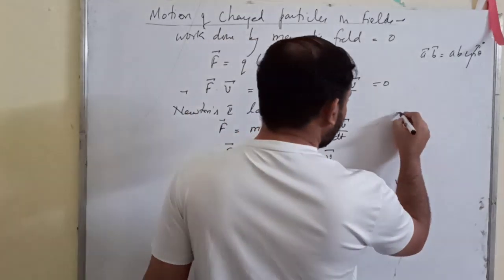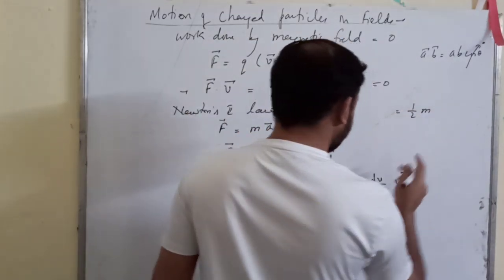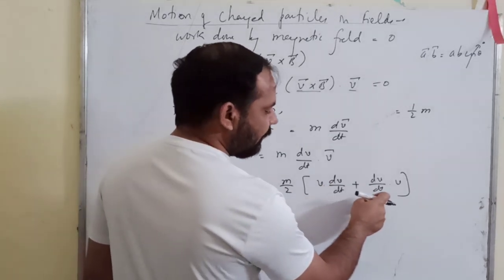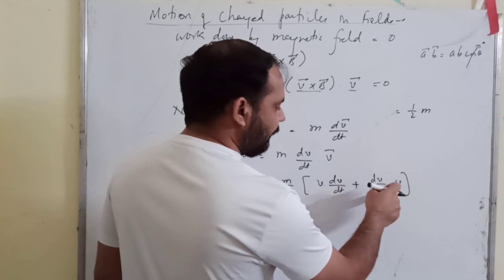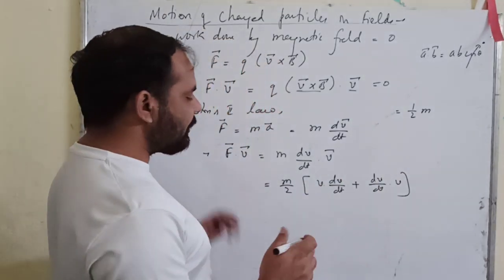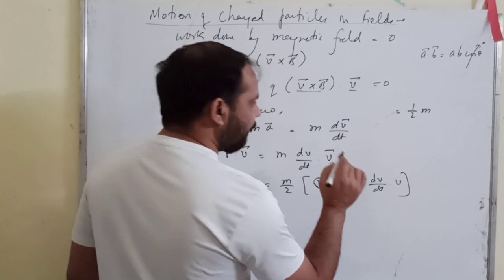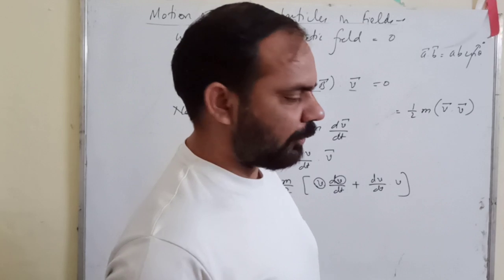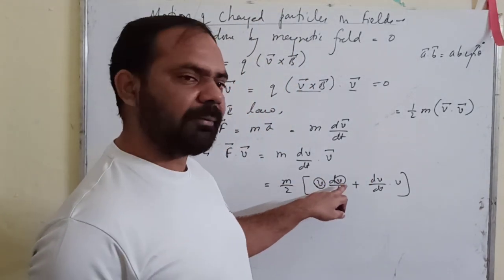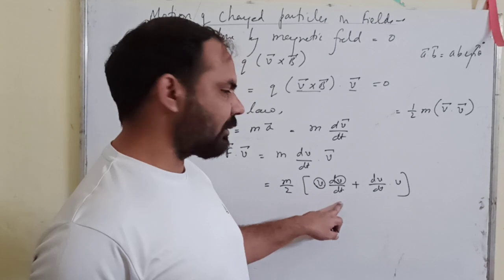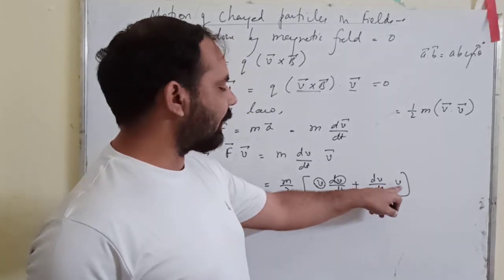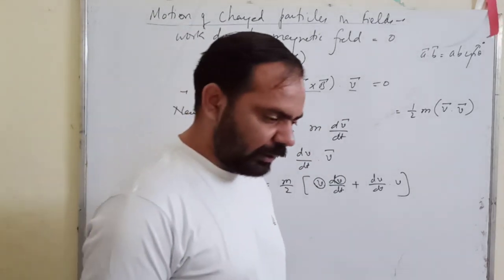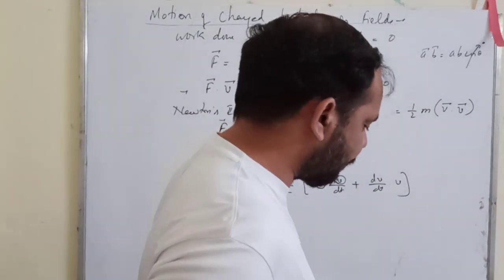Now you can write this as half m. Now this is the first function times the derivative of the second plus the second function times the derivative of the first. Both the first and second functions are v only. So it is nothing but half m d by dt of v dot v.